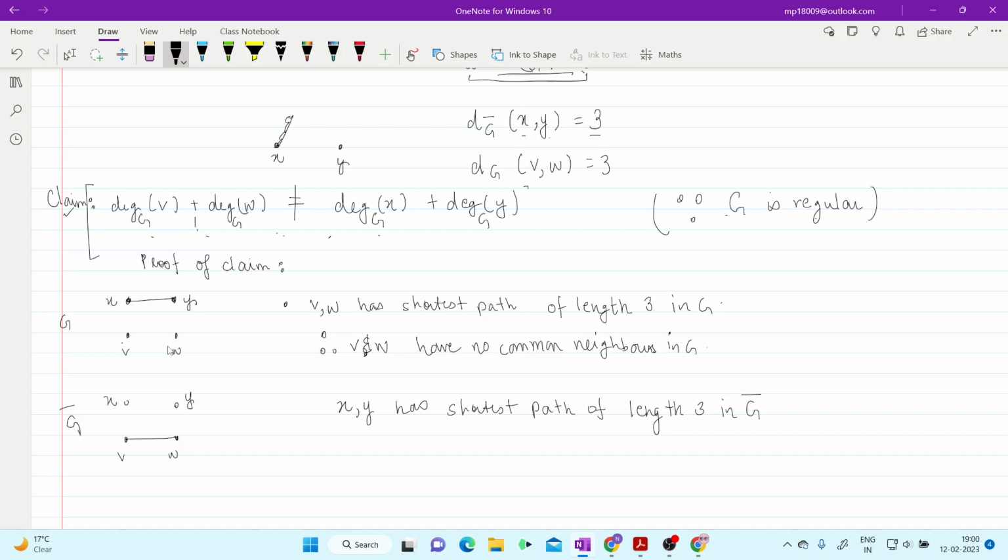X and Y have a shortest path of length 3 in G bar, so X and Y don't have a common neighbor in G bar.